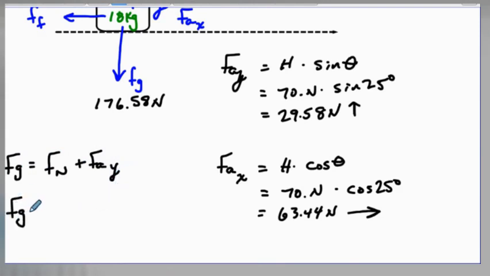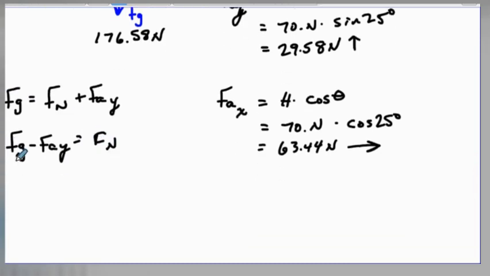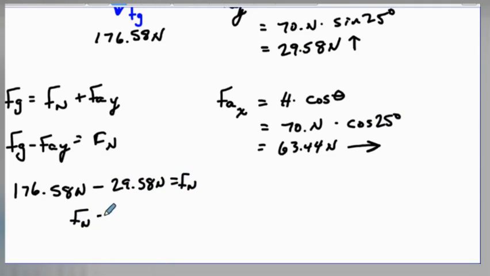So from that, I could just move my applied force onto the left side of my equation, and I would know by subtracting what my normal force is. My force of gravity was 176.58, and my Fy, or my FAy, is 29.58. So I will see that my normal force is going to be 147.